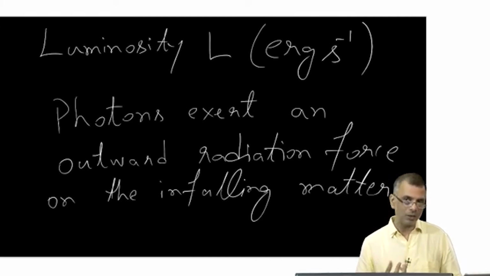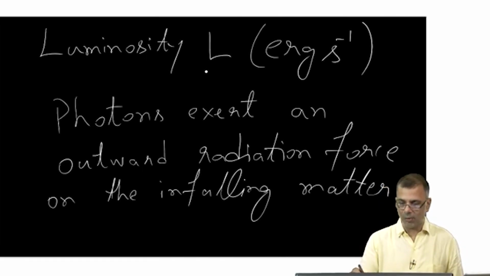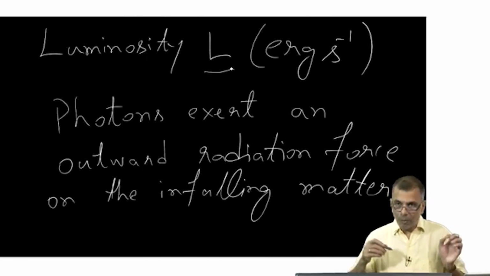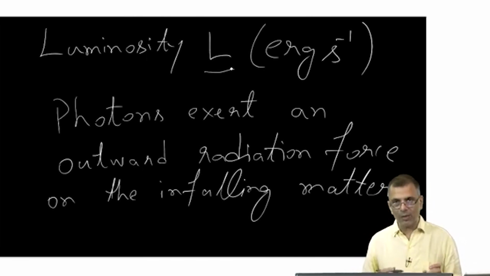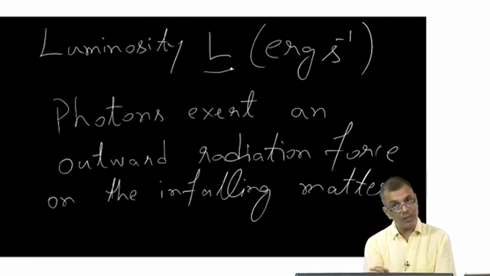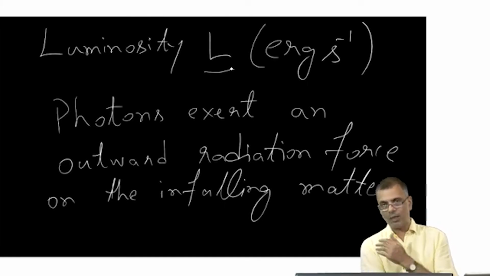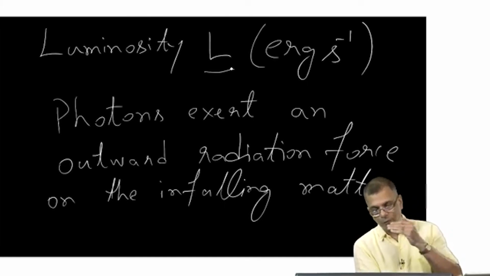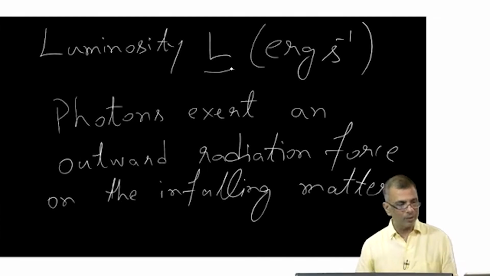You remember viscosity is a dissipative mechanism. So you heat up the matter, and when matter gets hot, it emits photons, and that results in luminosity, isn't it? But the rub is that the object becomes luminous, it emits photons, and the photons carry momentum. We know this, photons might not have mass, but they have momentum. And since they have momentum, they can exert a force on the infalling matter.